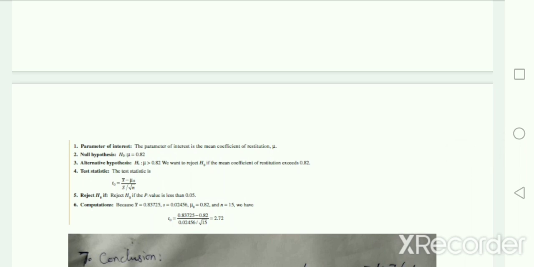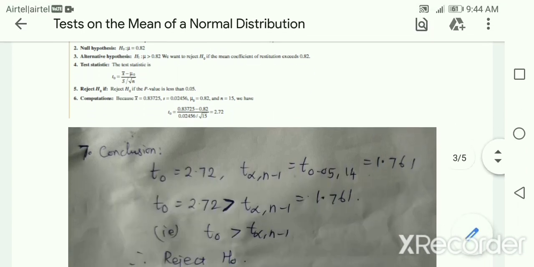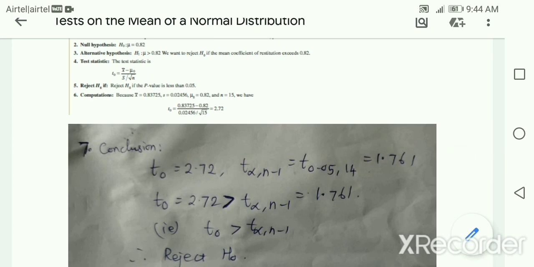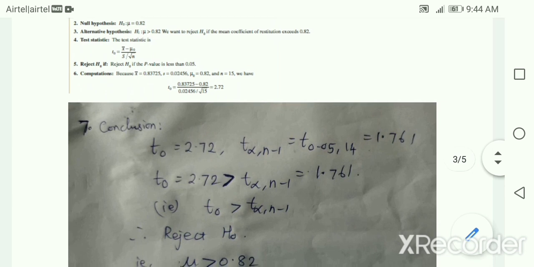Here we have the alternative hypothesis mu greater than 0.82, right? So the alternative hypothesis is mu greater than mu naught. So the rejection criteria is we want to check whether t naught is greater than t alpha comma n minus 1 or not.